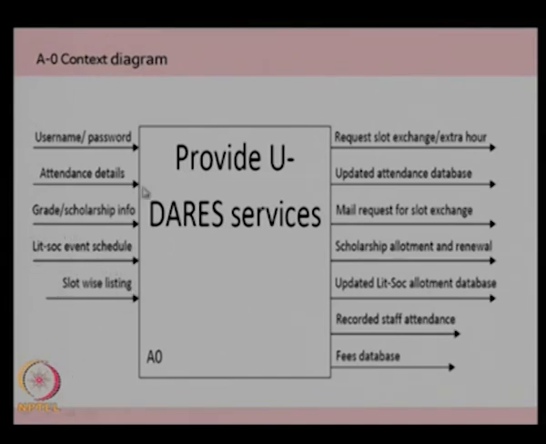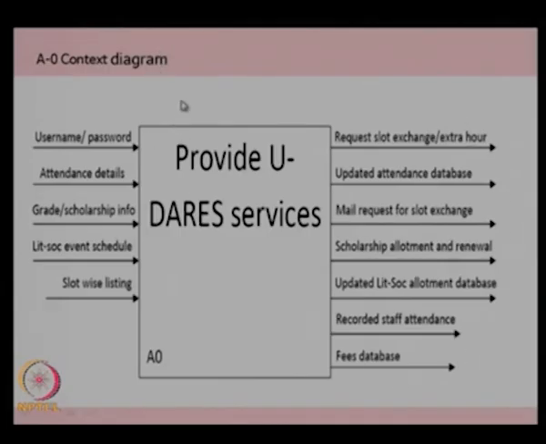These all come as input to the UDARE system, and there are many outputs coming from the system: the updated attendance, the mail request for slot exchange, scholarship allotment and renewal data, the updated LeadSoc allotment database, recorded staff attendance, and the fees database.